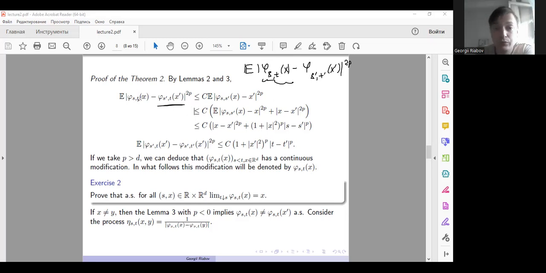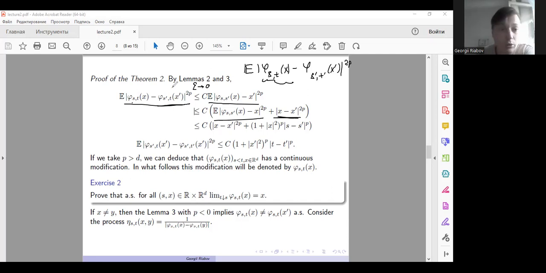So by the lemma 3, when we take epsilon to 0, we get an estimate that the expectation of this increment in the power 2p is less than a constant times this expectation in the power 2p. Again, this is bounded by the increment of x in the power p times this expression.